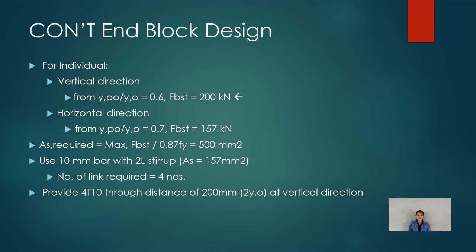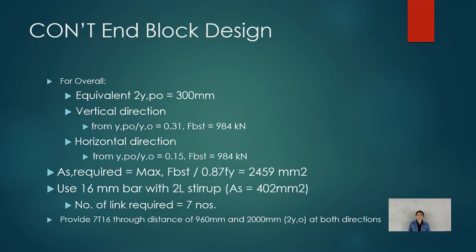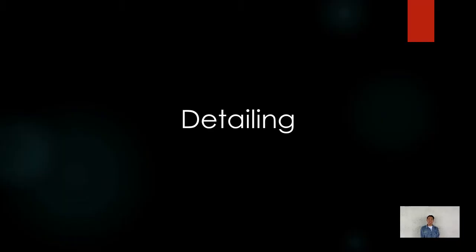For the overall prism equivalent, the length of a side of the bearing plate is 300 mm and the maximum bursting force is 984 kN and the required steel area is 2,459 mm square. Therefore, 16 mm bars are provided through a distance in both directions since they have the same value. Now we go for the detailing.